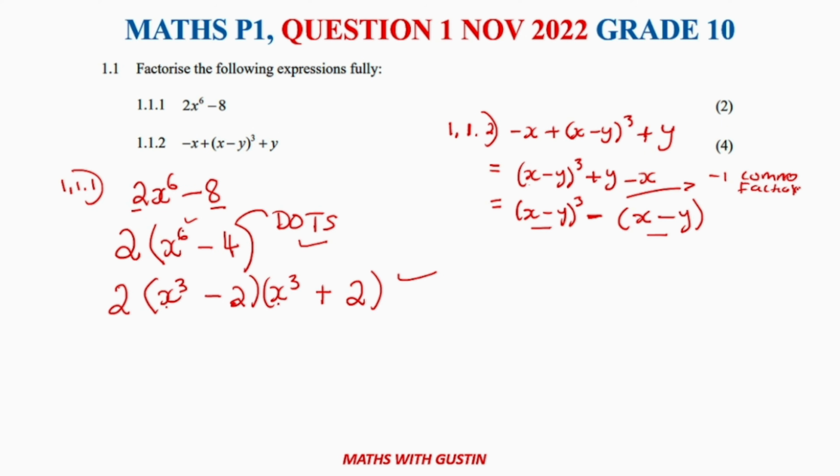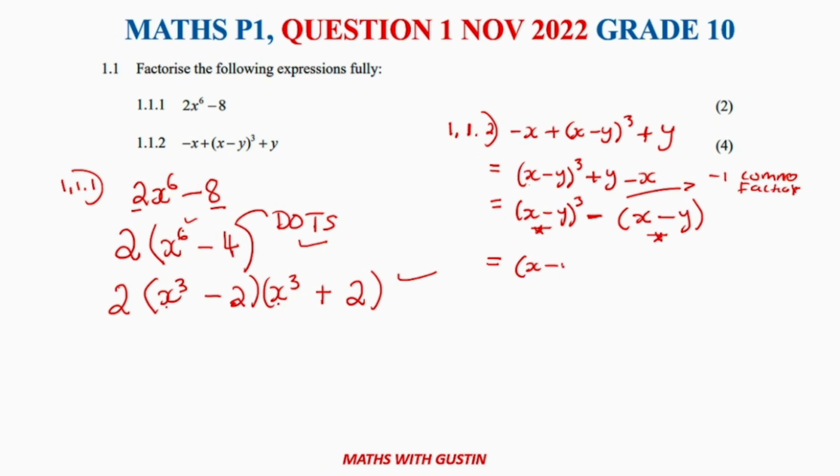Great. So now what else can we do here? Let's go to the next expression. Because we have x minus y here and x minus y, you can take out x minus y as a common factor.